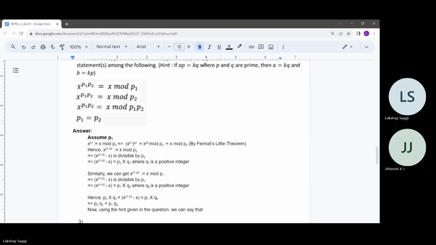I'm a bit confused myself, but let's just assume for now that P1 and P2 are not equal, because if they were equal, then writing something like this won't be an easy task.